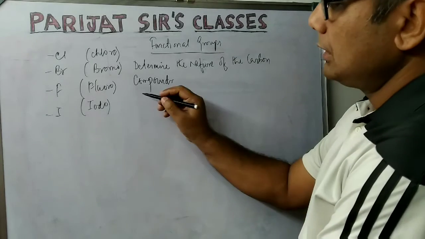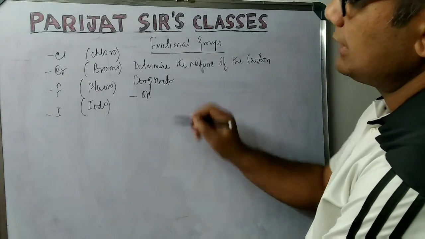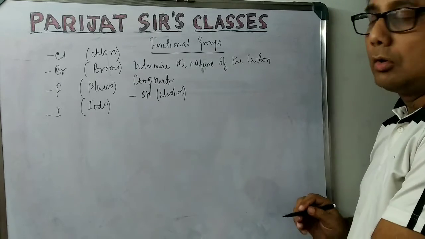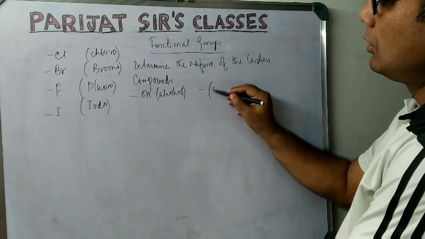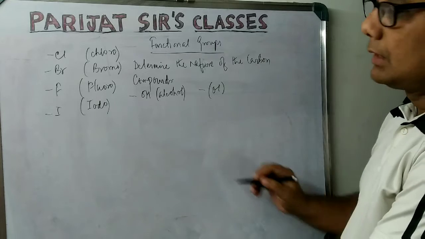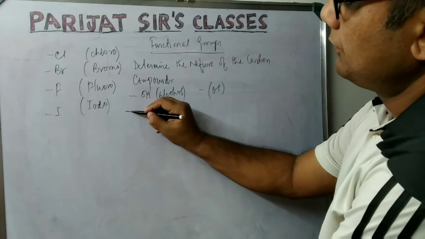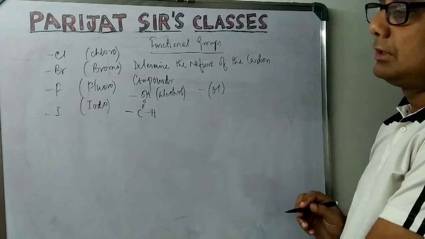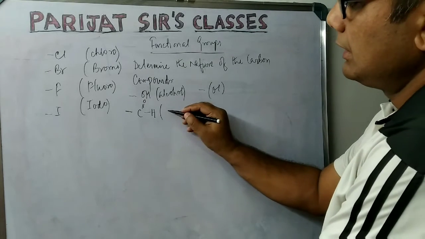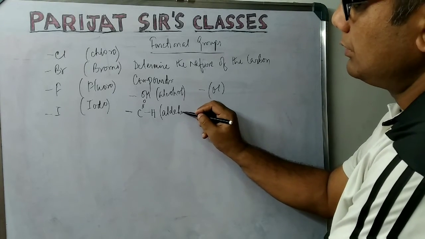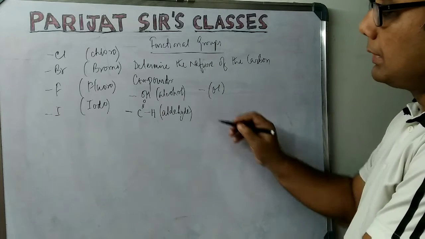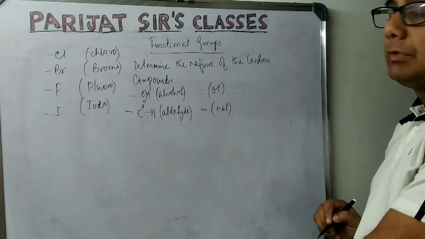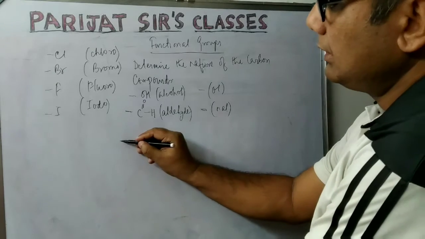So what are the functional groups? Number one, if OH gets attached, it is the alcohol group, and we will choose the word OL. Similarly, if CHO, that is C double bond O H, is attached, it is an aldehyde group, and we will choose the word AL.